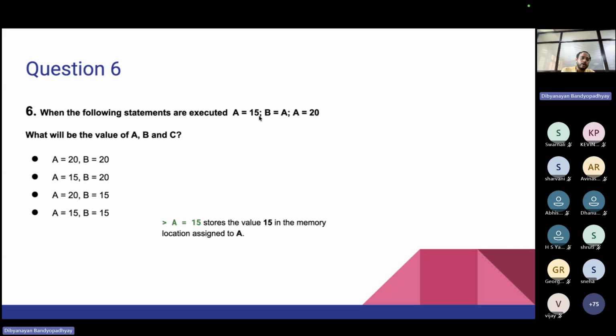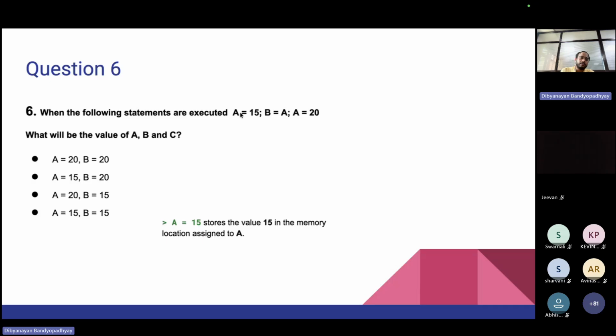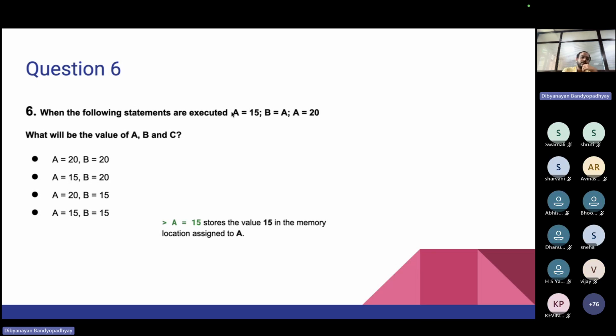So when you write this program, let's say A equal to 15, what happens inside the computer? When you write A equal to 15, a variable named A will be registered in the register. There is a part of the hardware called the register where A will be deposited, and correspondingly for A, there will be a memory location allocated.